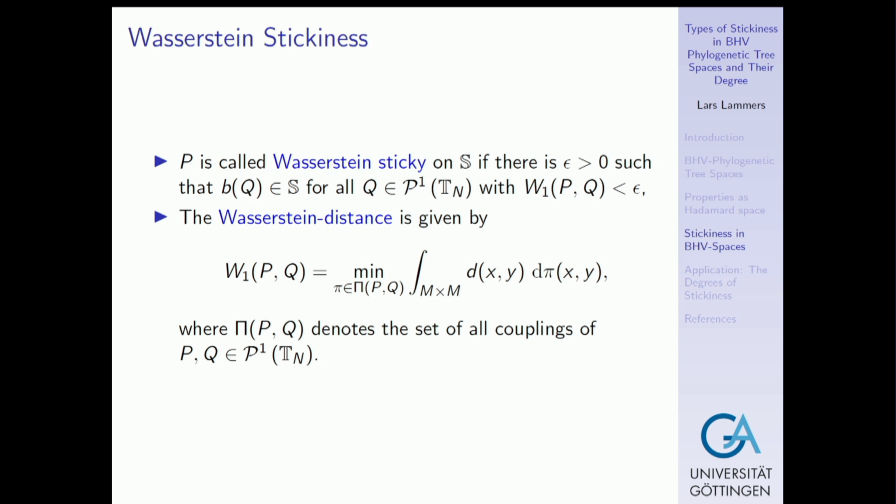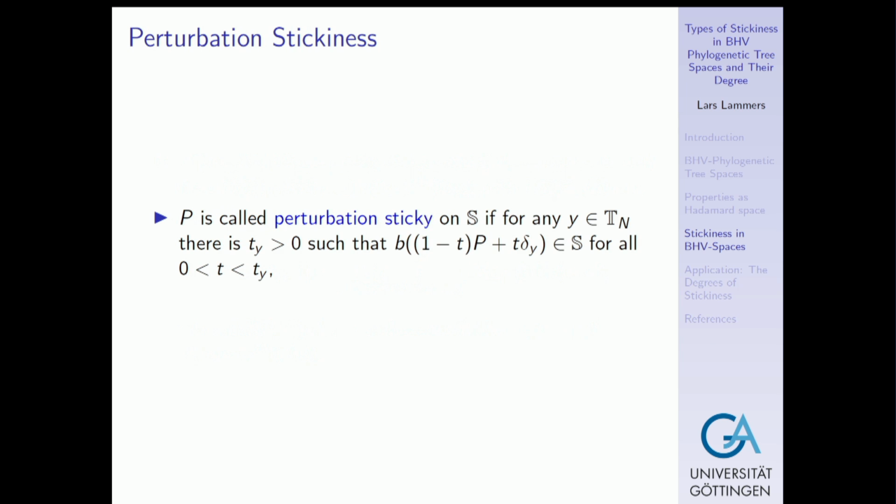So you can vary the distribution in the Wasserstein topology. The next one we call perturbation stickiness, where we also perturb a distribution, but this time only by convex combination with some point masses in our space. So we don't perturb as much as in the Wasserstein case.